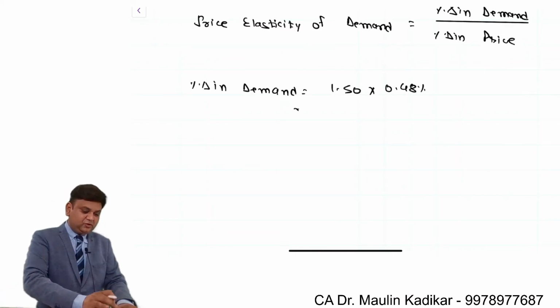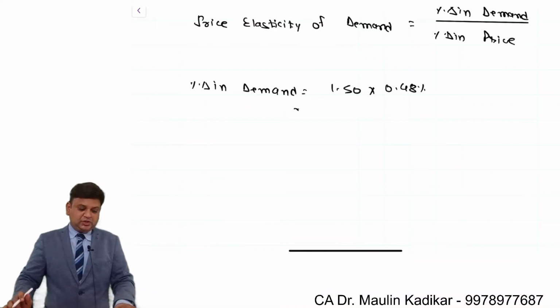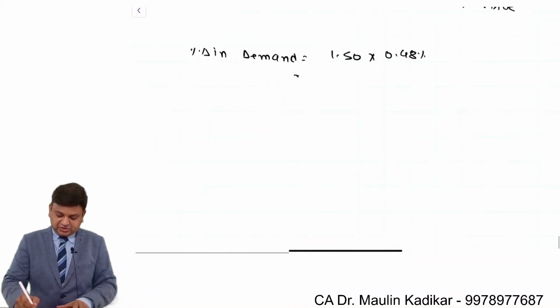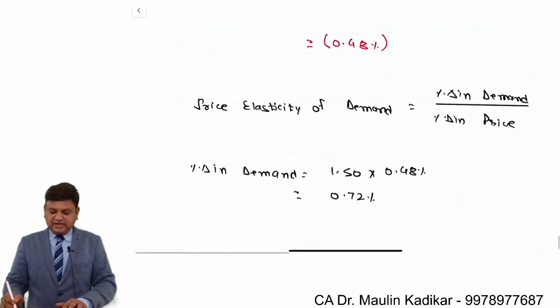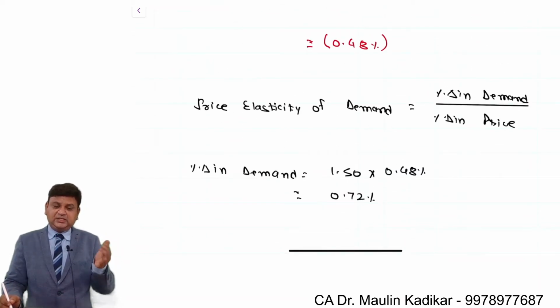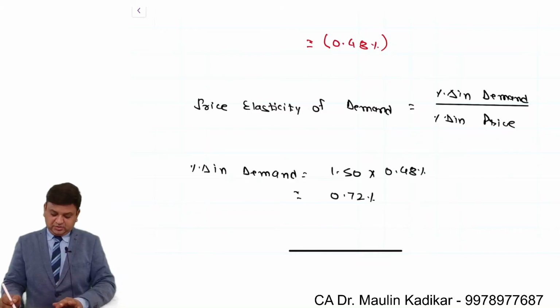So 1.5 into 0.48%, it comes to 0.72 percentage. And of course we understand that since the price decreases, the demand will increase.